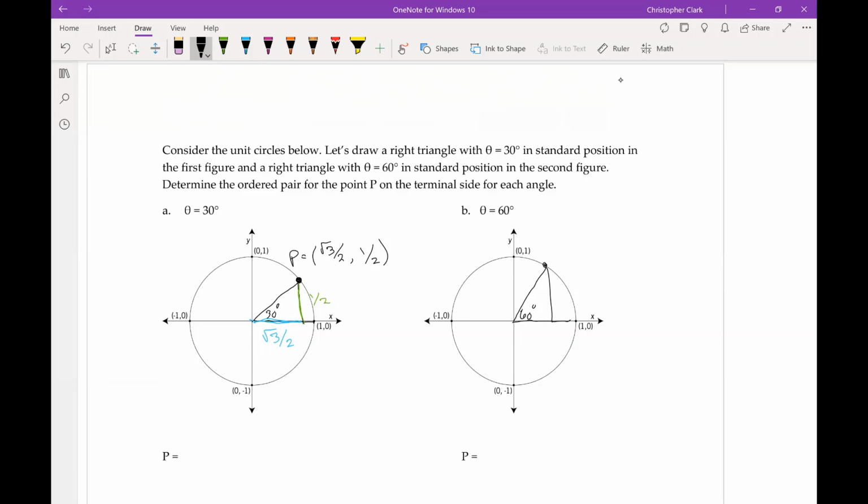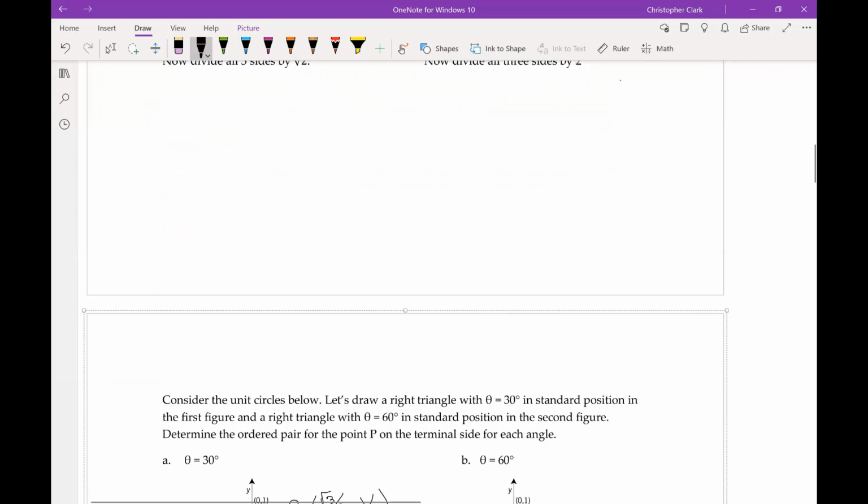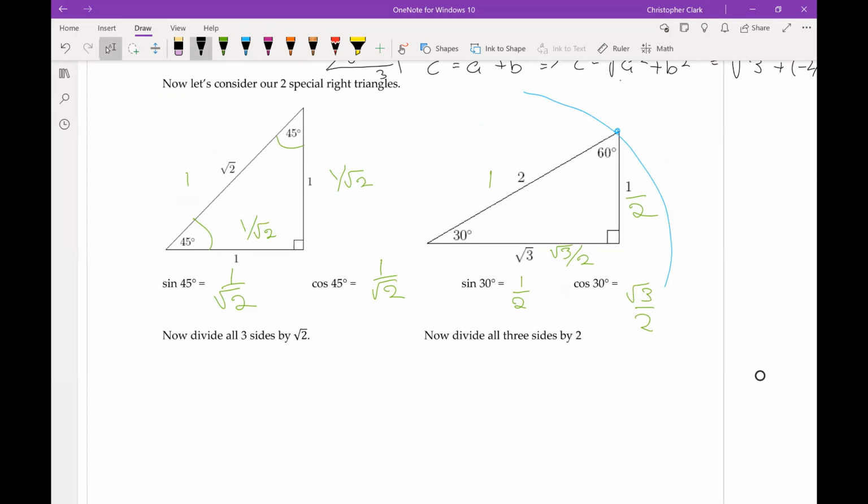Similarly with this one, for 60 degrees, we'll look at this triangle from the other direction, right? Assume that the 60 degrees is, how do I want to write this? I'll go ahead and draw it like this.